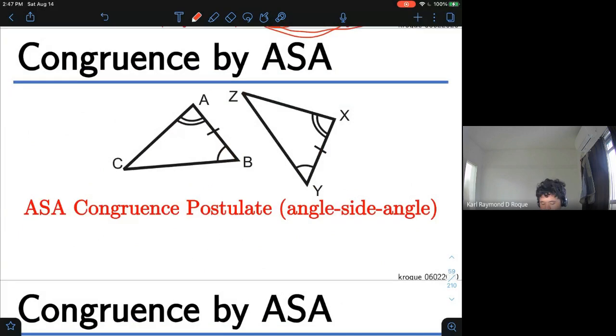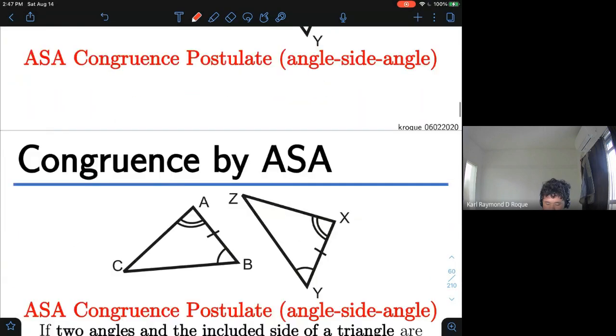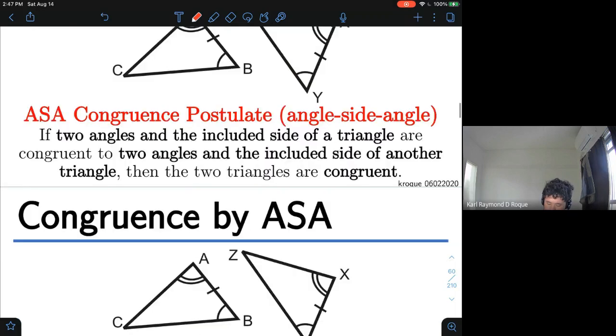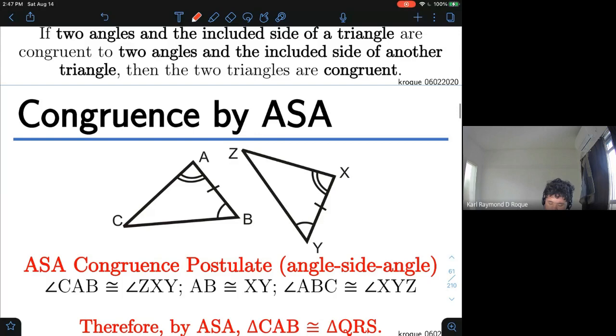Next, congruence by ASA. ASA congruence postulate, angle side angle. So if two angles in the included side of a triangle are congruent to two angles in the included side of another triangle, then the two triangles are congruent. CAB tsaka ZXY.